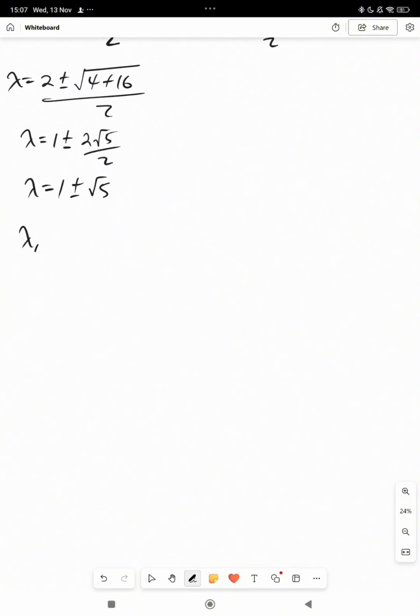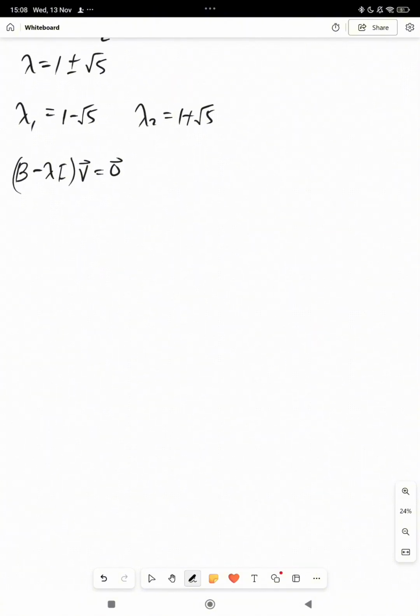We have our first lambda 1 equal to 1 minus root 5, and our lambda 2 equal to 1 plus root 5. So we see that this is less than 0 and this is greater than 0. We find our eigenvectors using B minus lambda I, V equals 0.